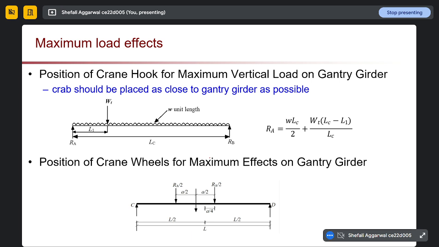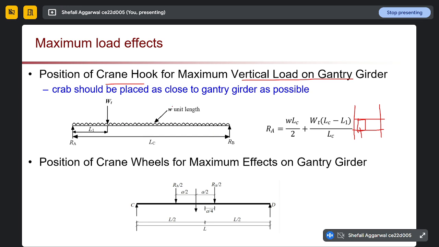So for the design of the gantry girder, we are considering three cases for the maximum load effect. Firstly, what should be the position of our crane hook for the maximum vertical load on the gantry girders? If this is our gantry girder and this is our crane, and then we have a trolley, and the trolley has a hook, what should be the position of this trolley so that we have the maximum vertical load over our gantry girders?